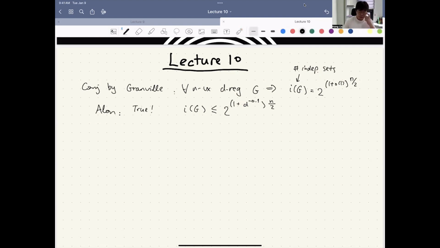And the exercise I leave for you is an improved bound by Sapozhenko, who improved this estimate to 2 to the (1 plus some constant times, instead of d to the 0.1, he can prove 1 over d to the 0.5). So square root d roughly, log d over d.